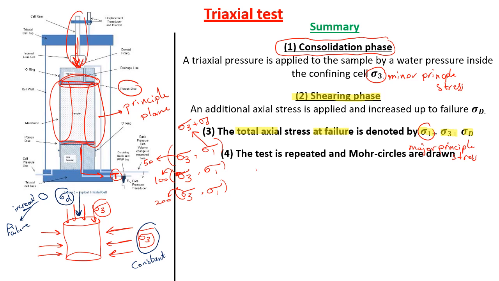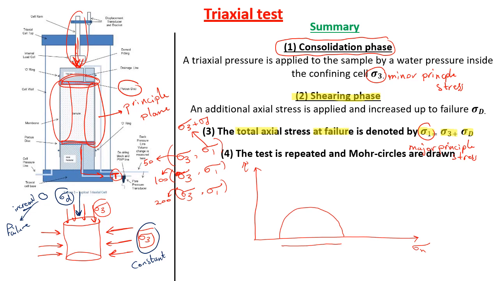It's easy to draw a Mohr circle using the major and minor principal stresses. All you have to do is to draw the relationship between tau, which is the shear stress, and sigma n, which is the normal stress. How can we draw a Mohr circle? Well, the Mohr circle is one half of a circle.